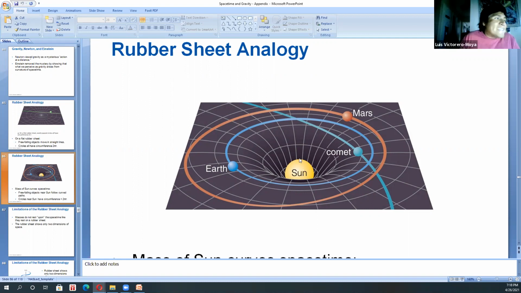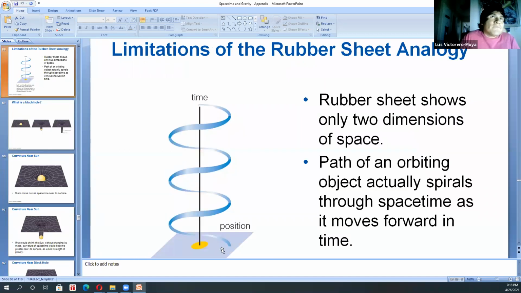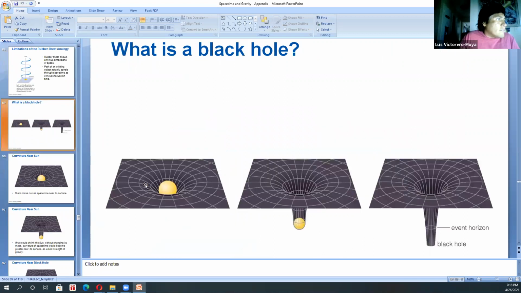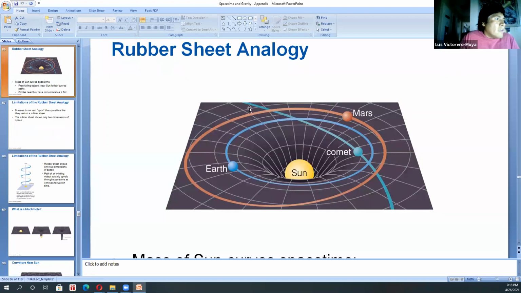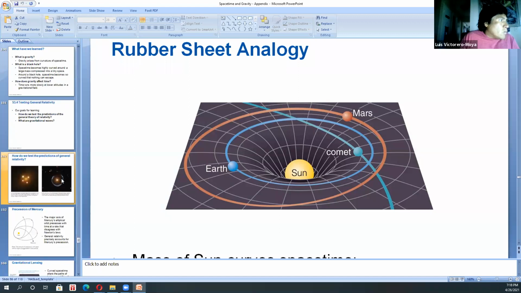Light doesn't get sucked into the black hole. What happens with light is that when light gets into the path of the black hole, it gets into this spiral mode. But if there's light going around, it can just be bent, right? Light can be bent by the black hole.